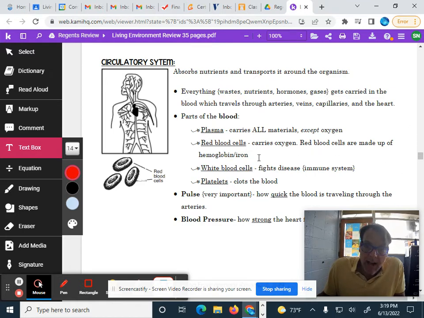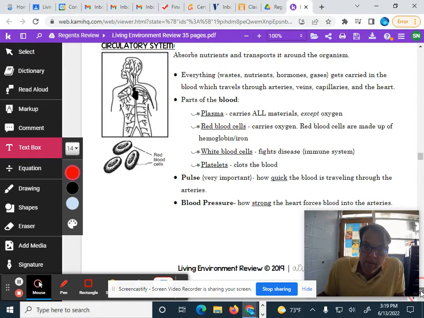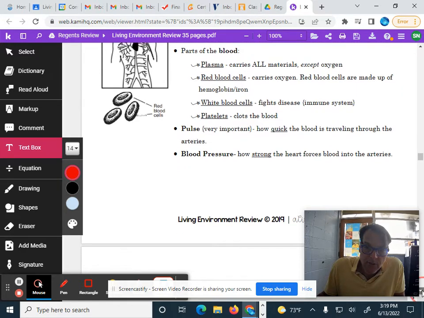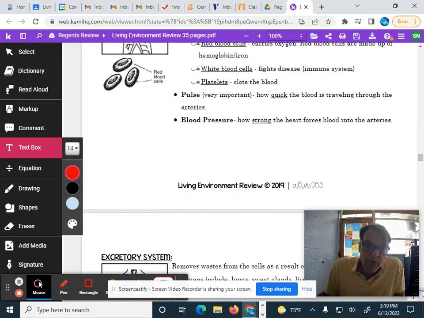Red blood cells carry oxygen with the help of hemoglobin, and iron is needed for that. White blood cells fight infection, platelets help clot the blood, plasma carries all the materials, that's the liquid part of blood, right? Water and other things, except oxygen. Blood pressure is a regulation of how strong the heart is beating to get blood around the body.